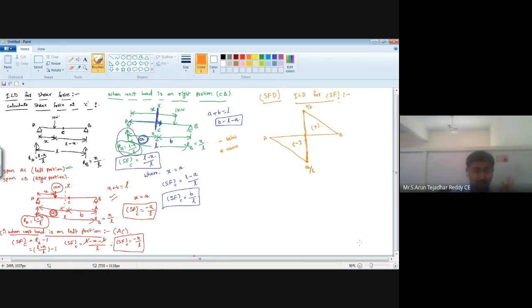Very easy. Just consider a span A to B and he is asking shear force at C.